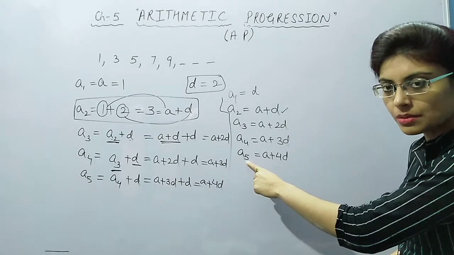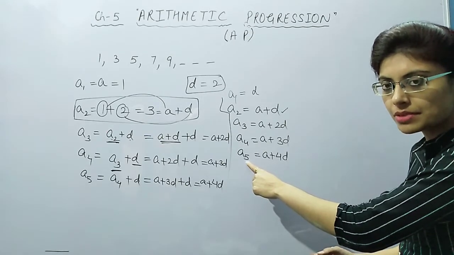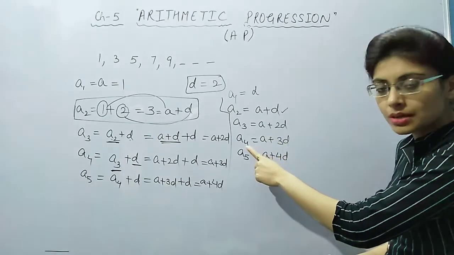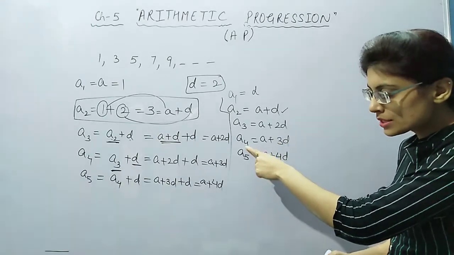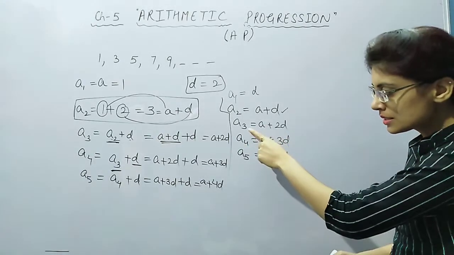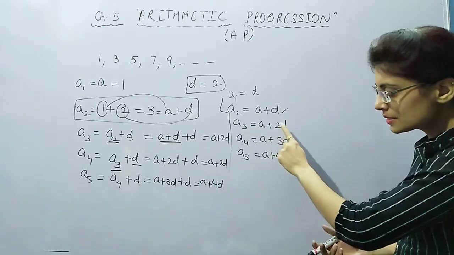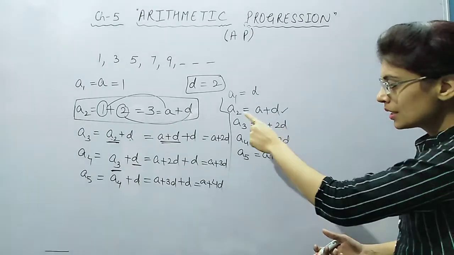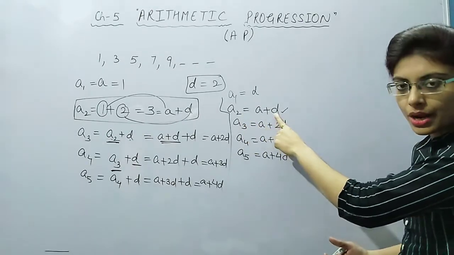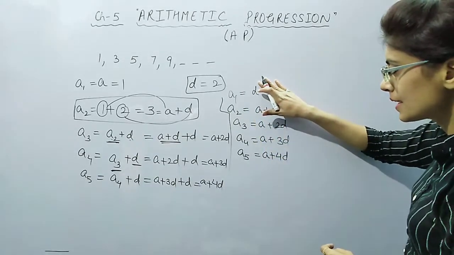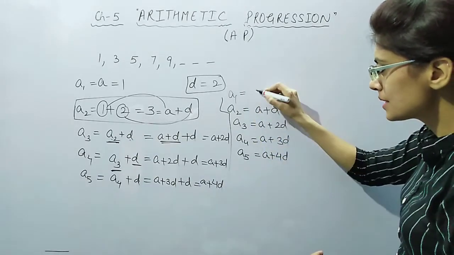What is the fifth term? 5. 1 less than 5 is 4, so here is 4d. This is the fourth term, 1 less than 4 is 3, so here is 3. This is the third term, 1 less than 3 is 2. Here is 2. For the first term, this can also be written as a1 is equal to a.